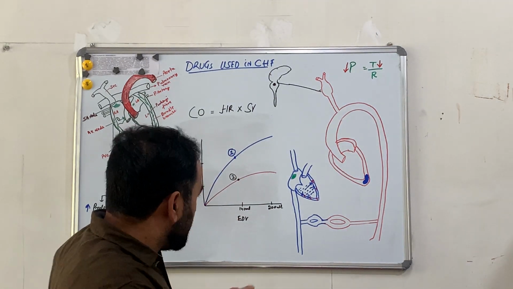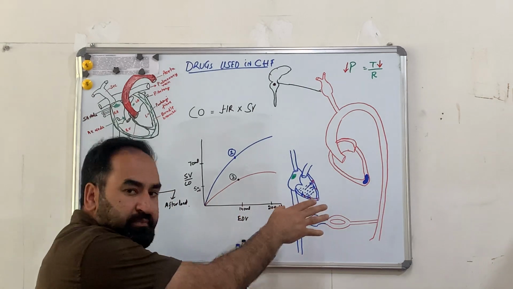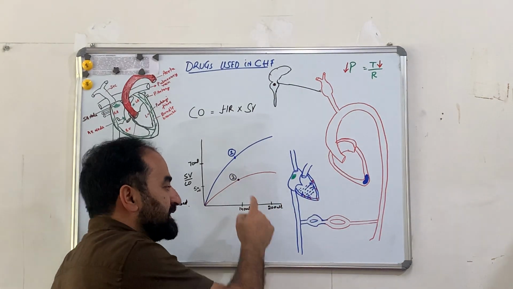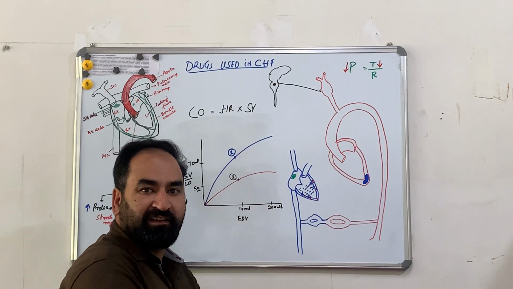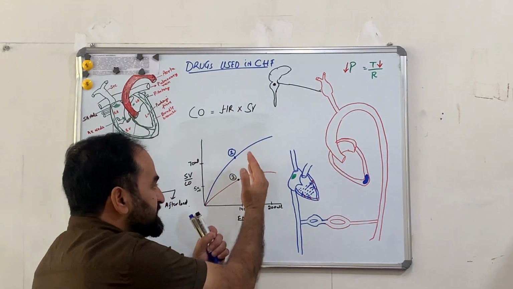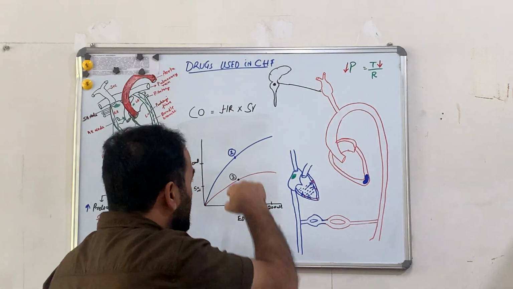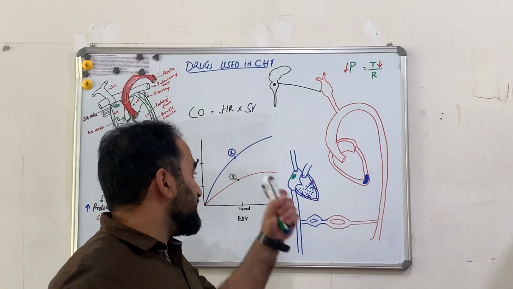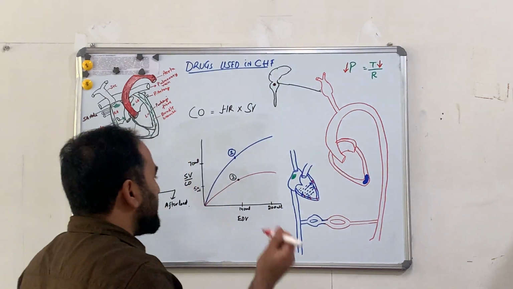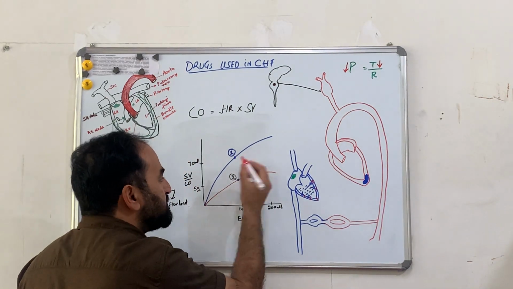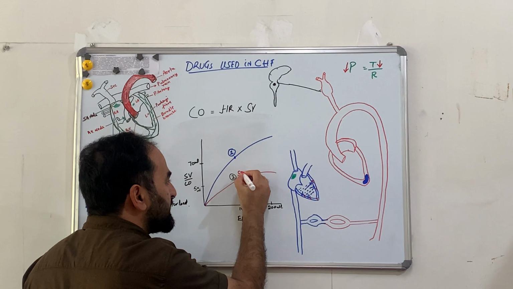That means you are trying to help your heart by increasing the end diastolic volume so that it produces tension. Here at point number 2, a compensatory mechanism comes into play. That compensatory mechanism is the sympathetic nervous system.